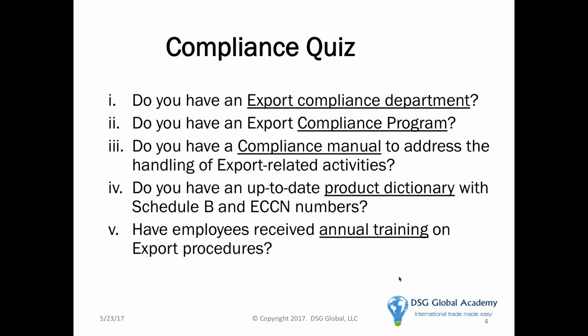Number four, do you have an updated product dictionary with all your ECCN numbers and Schedule B numbers, which, for those of you who are not familiar, are very similar to the HTS numbers, the Harmonized Tariff Code, but they're for export reporting.